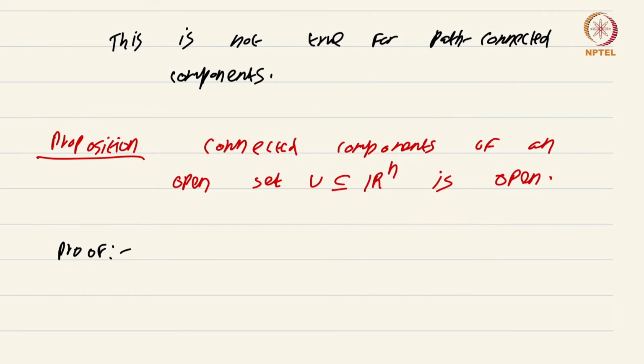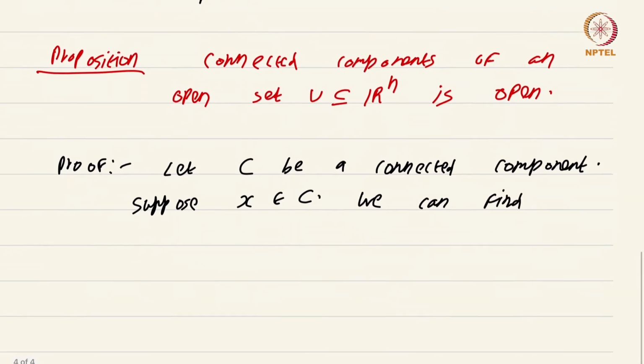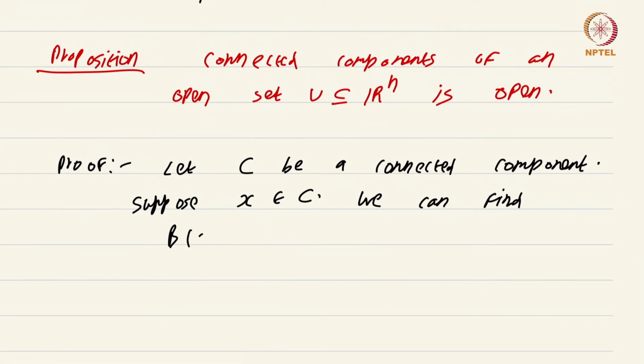Let C be a connected component. Suppose x is in C. Then by openness we can find an open ball B(x,r) subset of U.